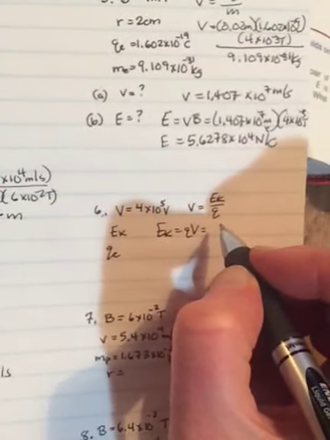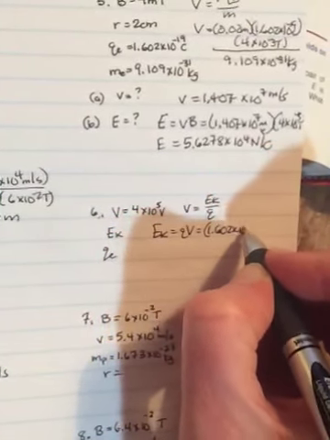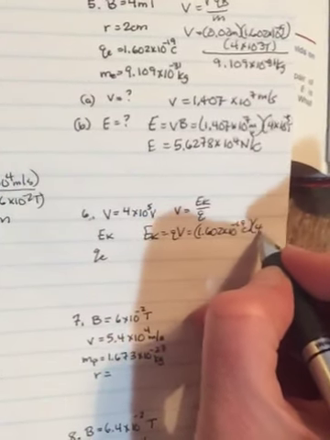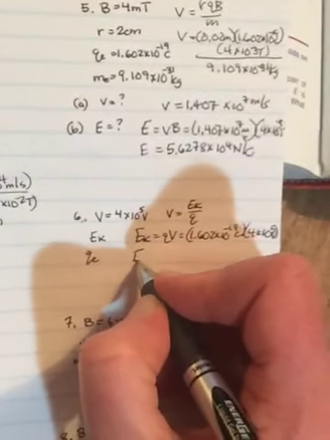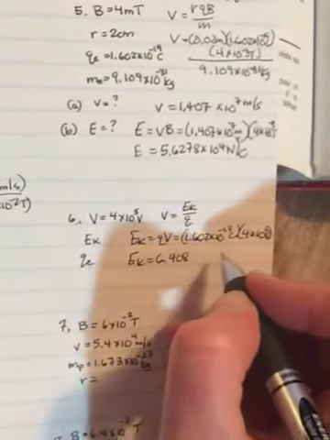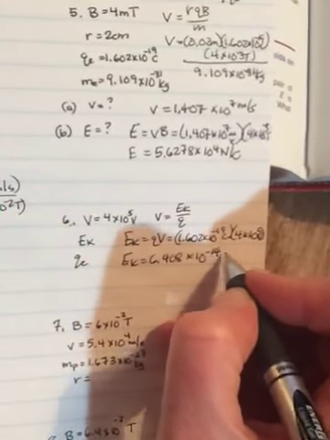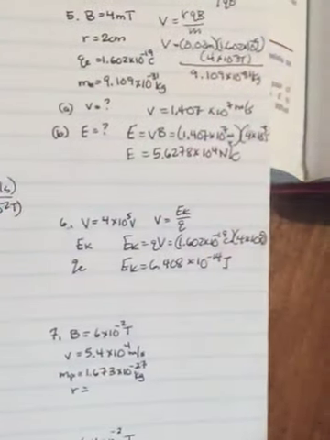It does say an electron, so 1.602 times 10 to the negative 19 coulombs, and you are going to multiply that by 4 times 10 to the 5th volts. So EK is going to equal 6.408 times 10 to the negative 14 joules. And if I screwed that up, it's because I didn't use a calculator, but I think it's right.